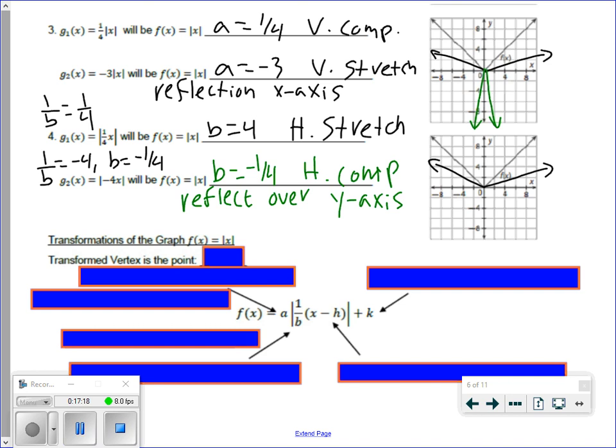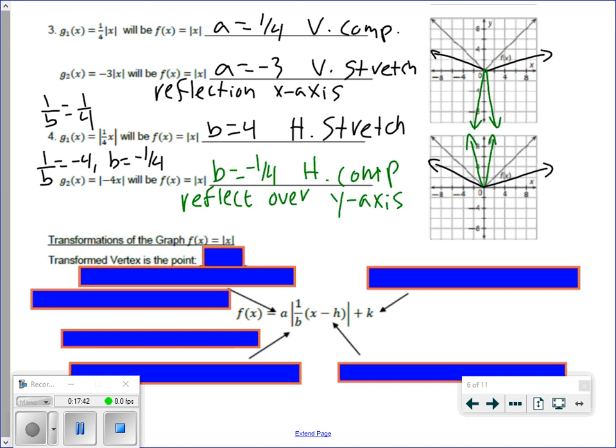Anyway, when we have a horizontal compression, you're taking a graph and squeezing it together. If you take this graph and squeeze it horizontally, that graph is going to become more narrow. So, like I said, every single time, the graph doesn't need to be perfect. You just need to show the general shape of a horizontal compression.